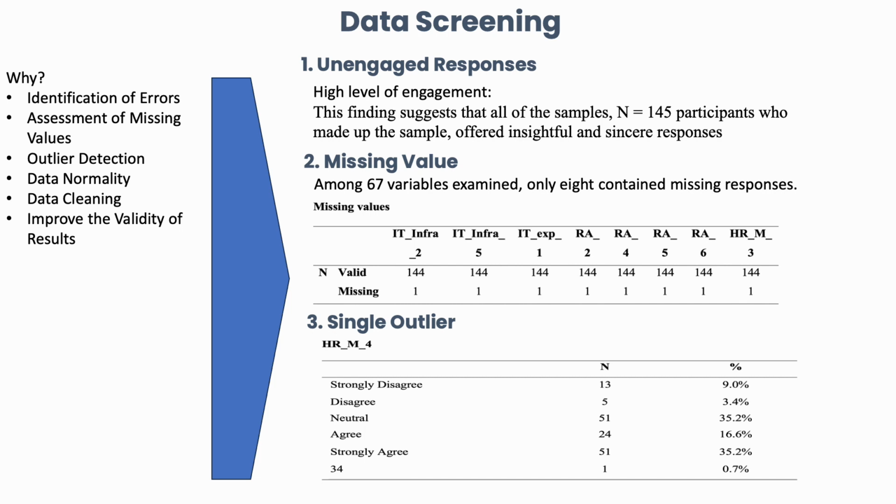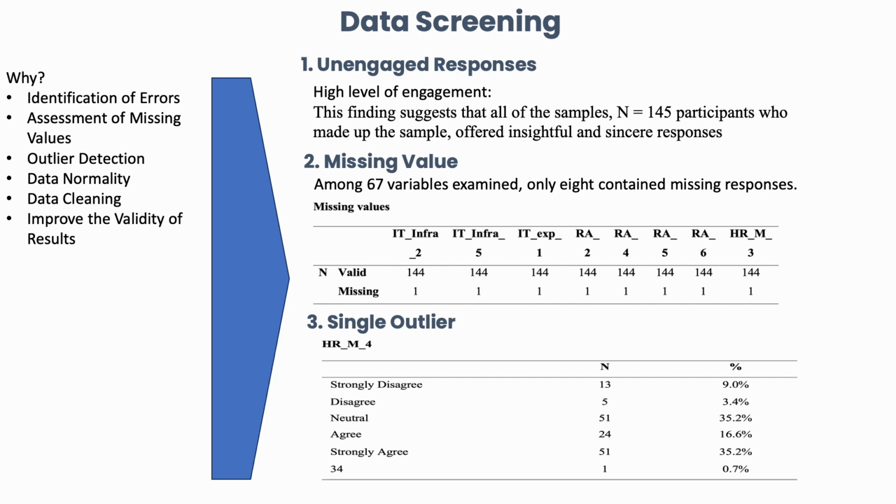Now, finally, when we look at single outliers, we look at HRM4. The majority of responses for the HRM4 variable are either neutral, which is about 35.2%, or strongly agree, which is 35.2%, and a minority of the participants either strongly disagree, which is 9%, or disagree, which is only about 3.4%. This also shows that an outlier has been detected.